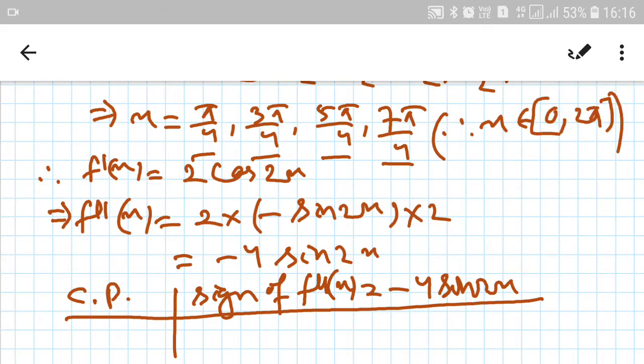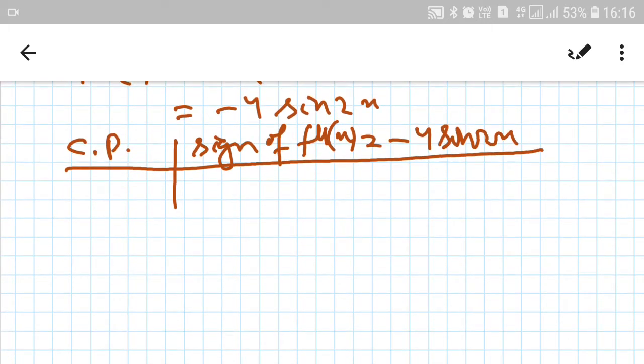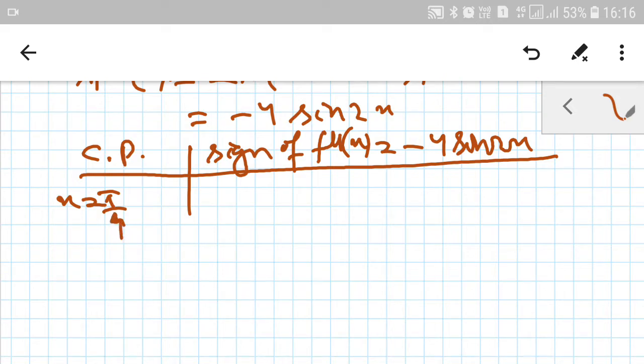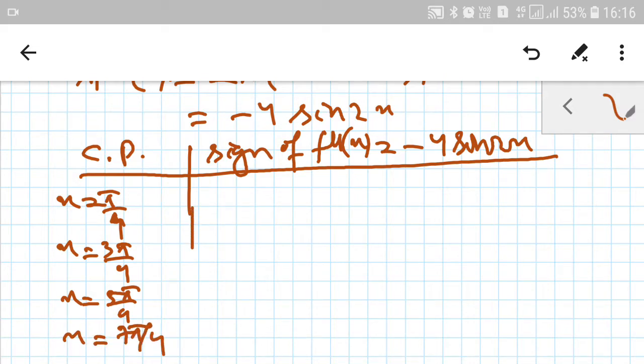First value of CP is x equals pi by 4. Next value is x equals 3 pi by 4. Next it is x equals 5 pi by 4, and the last value is x equals 7 pi by 4. Now let me check the sign of f''(x).